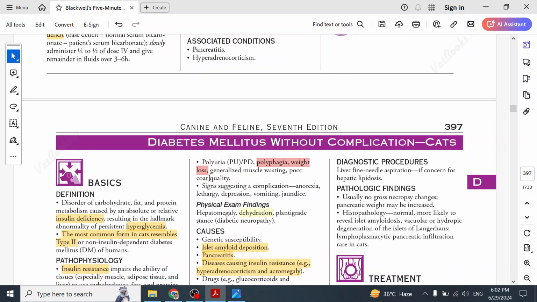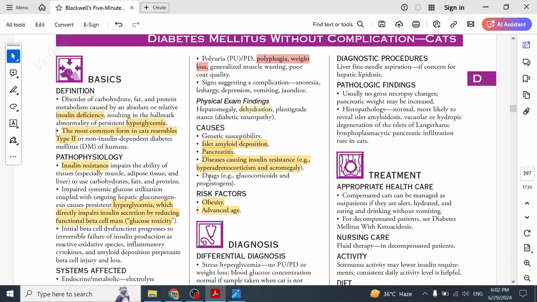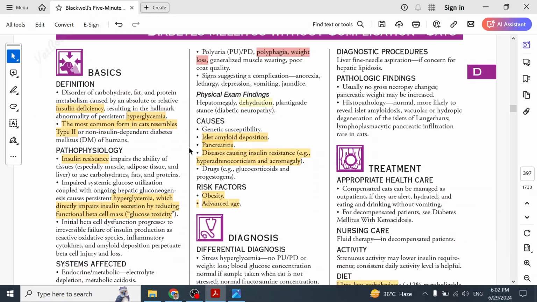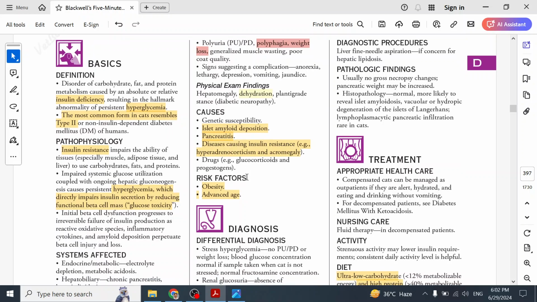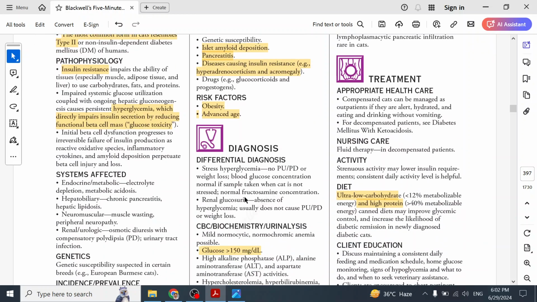This is the other condition which differentiates it from other kinds of diabetes mellitus: you find polyphagia and weight loss, but in DKA you find anorexia. Then causes are islet amyloid deposition, pancreatitis, and diseases causing insulin resistance, for example hyperadrenocorticism and acromegaly. These can also be causes of diabetes mellitus. Risk factors are obesity and advanced age.